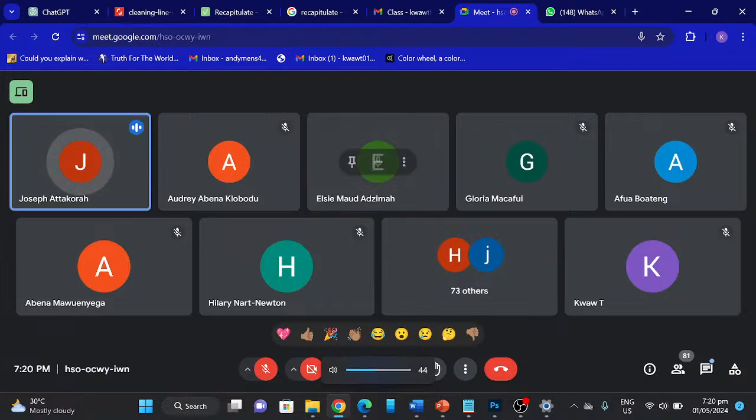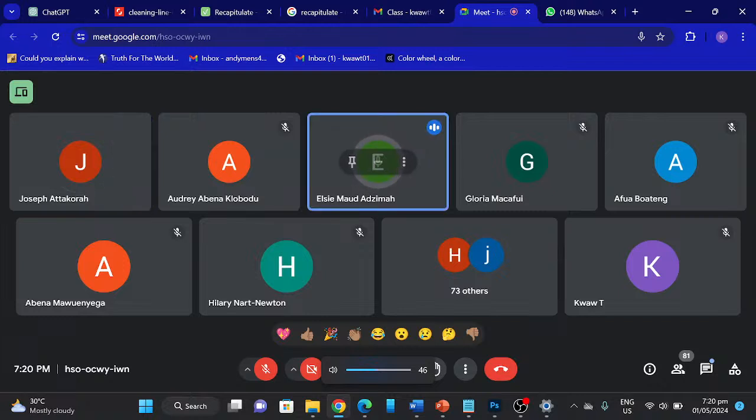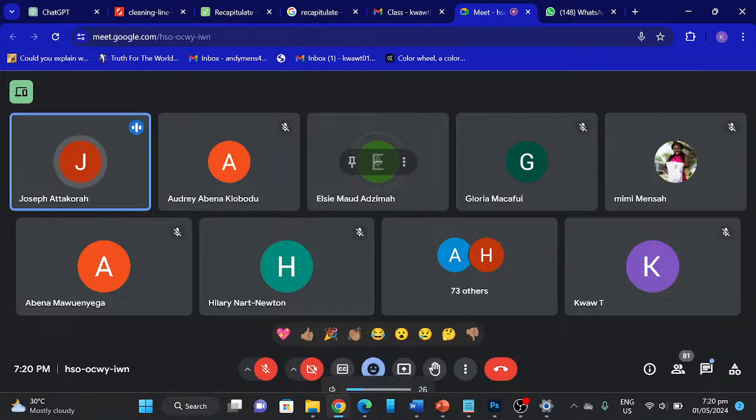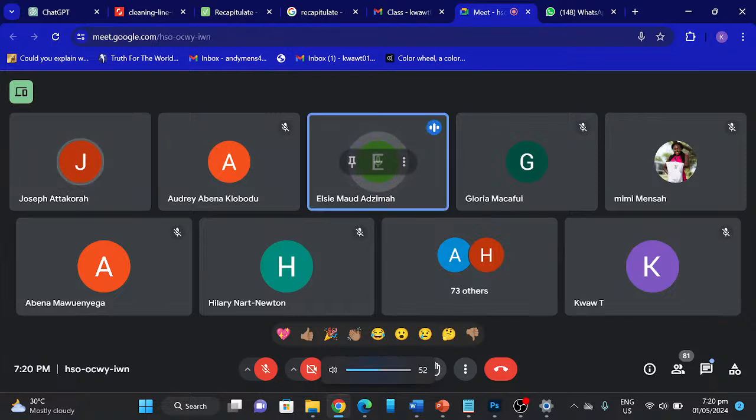Herbal medicines. Someone with factors that cause dehydration, such as vomiting and diarrhea, or a burn patient. Good. So these are some of the risk factors.